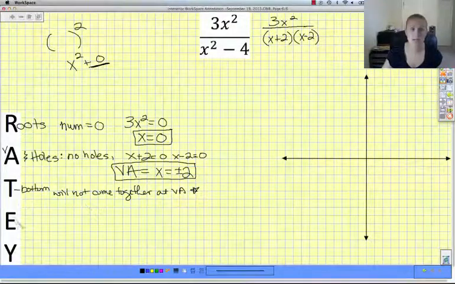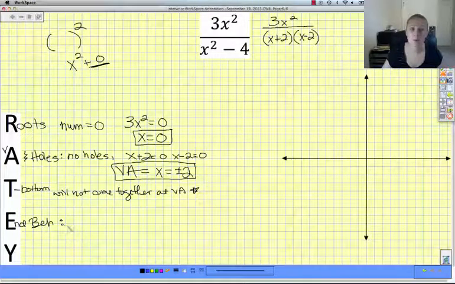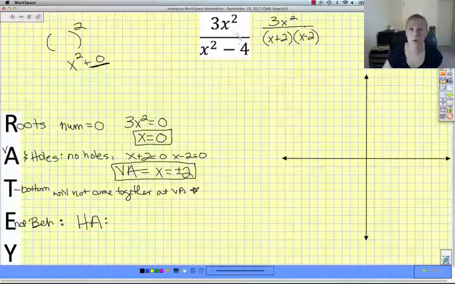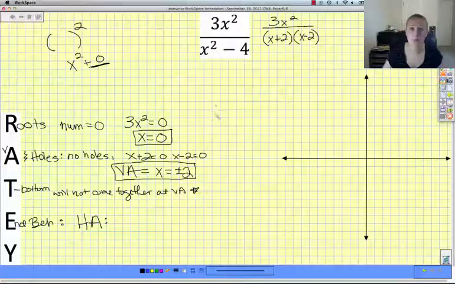The next thing we care about is the end behavior. We want to know what the graph is doing at the ends of the graph, so what it's doing on either end. So the way we find this is we find the horizontal asymptote. In this case, we want to look at the degree. I want to know if the degree is the same on the top and the bottom, or if one is higher than the other, depending if it's higher on the top or higher on the bottom.